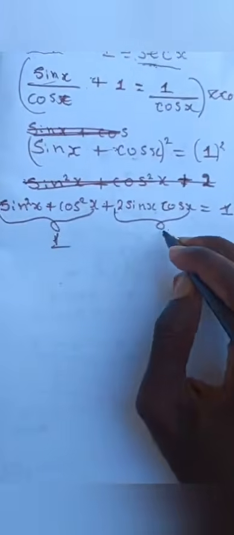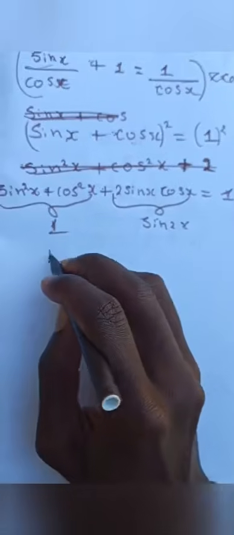So here I'll substitute 1, here I'll substitute sine 2x. So eventually I'm going to have 1 plus sine 2x, and this is similar to what we've solved, right?